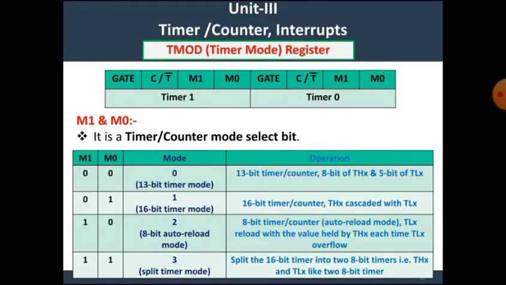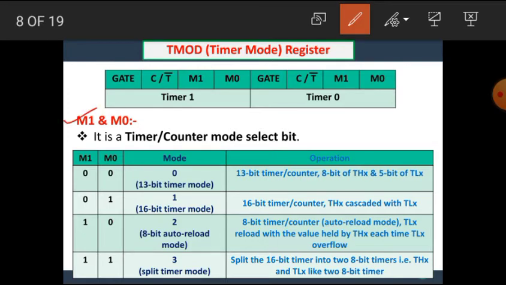I hope you all understand the basic function of the C/T bar pin. Now let's see the next two bits, M1 and M0. When M1 and M0 both have value 0, then mode 0 is selected. It is a 13-bit timer mode. When M1 equals 0 and M0 equals 1, then mode 1 is selected, which is the 16-bit timer mode.